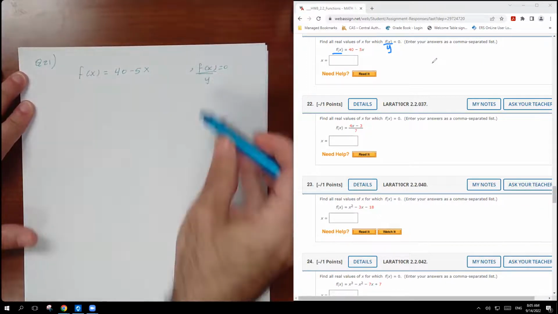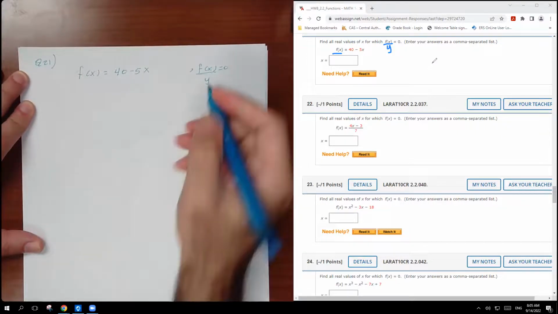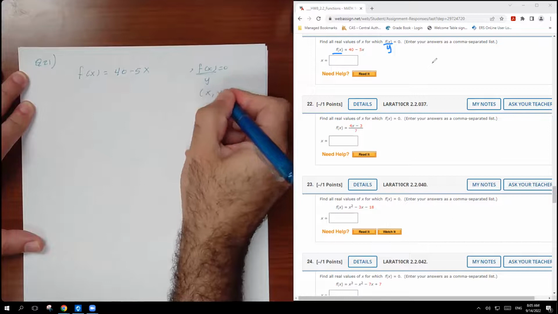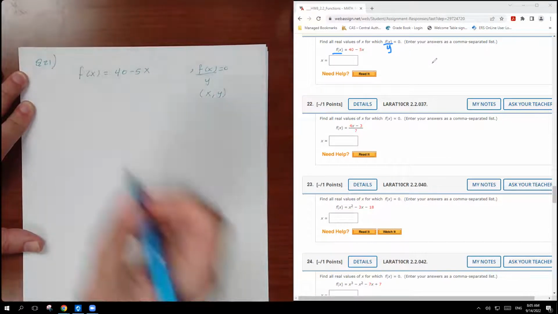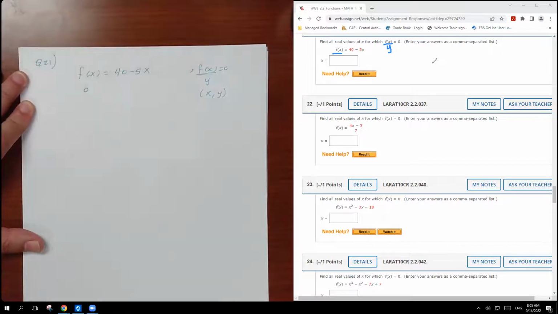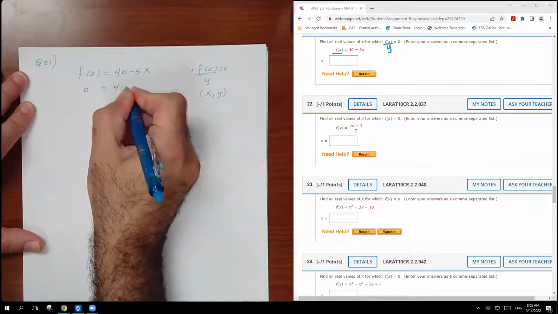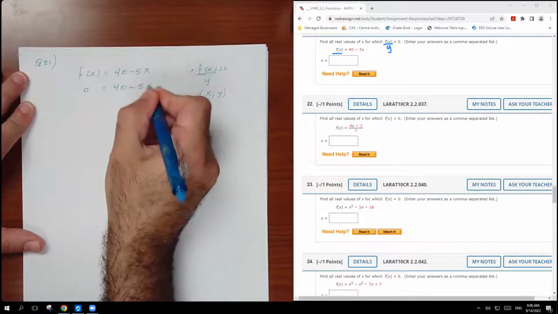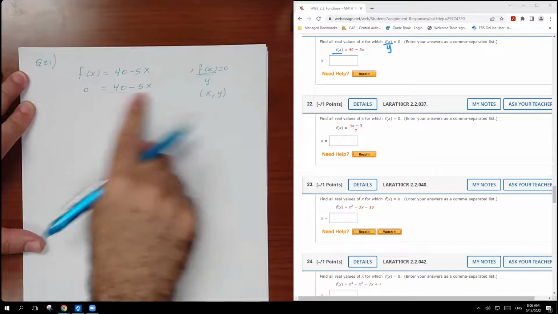Every time when you see f of x is the same thing, the y value. X and y value. That means this is f of x. So now f of x equals 0. So I'm going to plug in 0 here and equal 40 minus 5x.